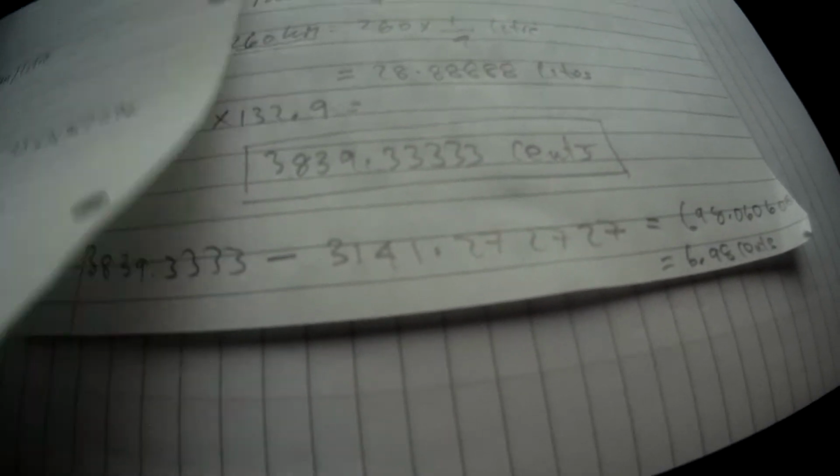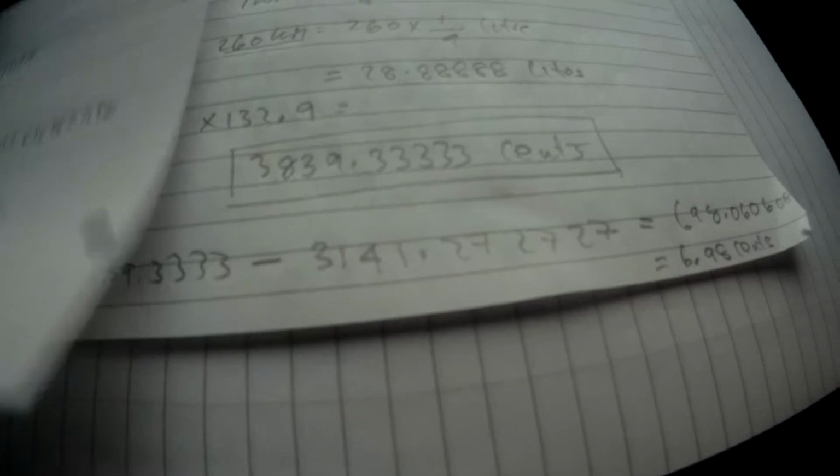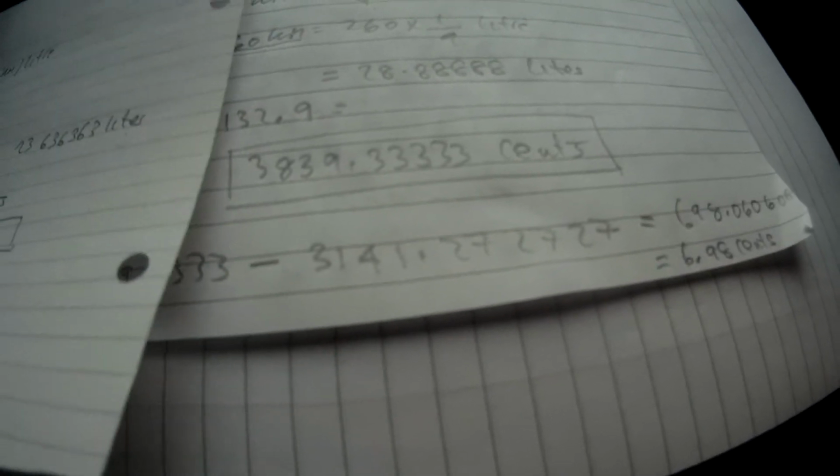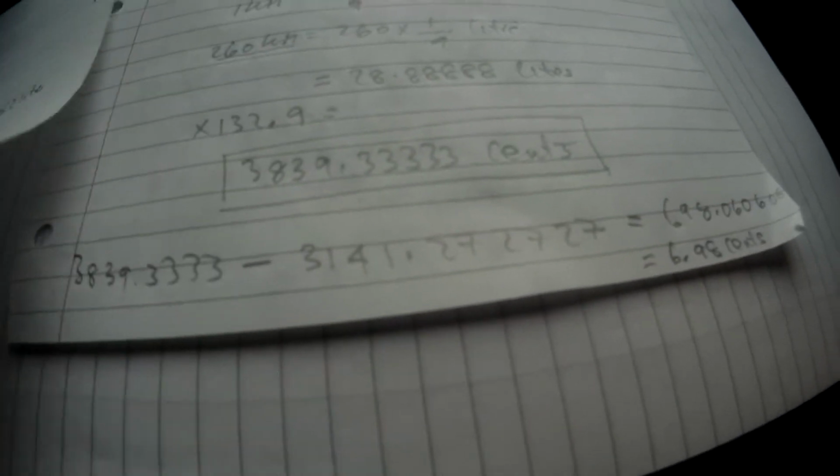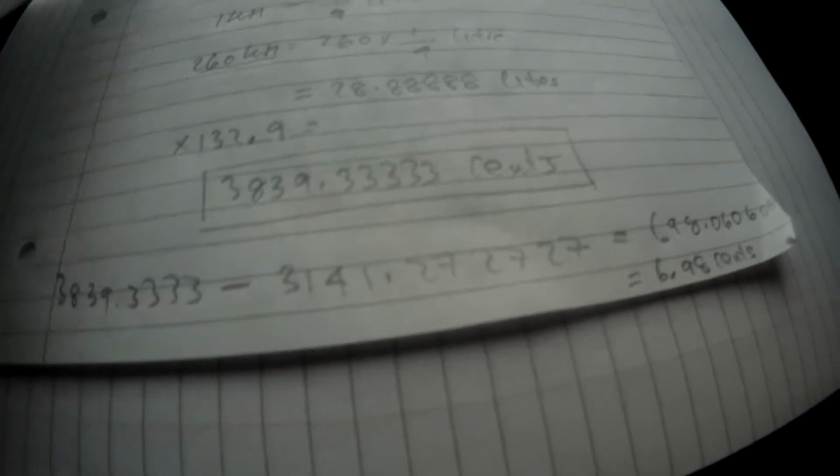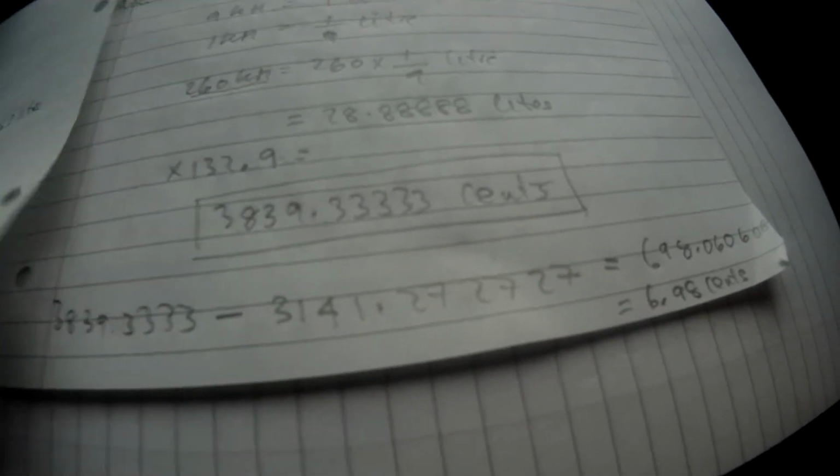And then we need to know the difference, how much more Jane spent on fuel. Because you end up using more, you use up more fuel that way. So you get 3839.3333 minus what Mary used, which is 3141.272727 cents.